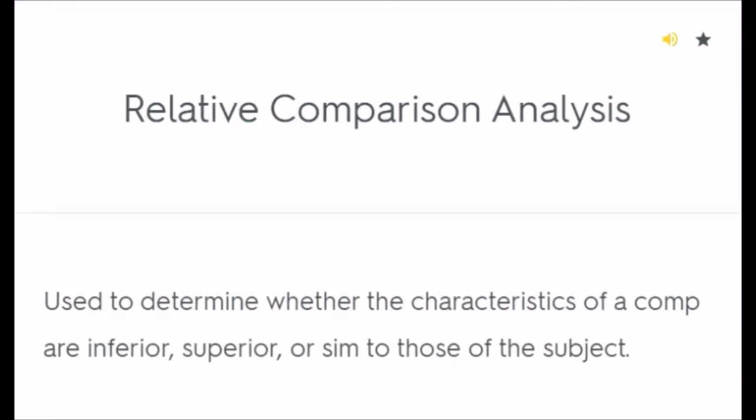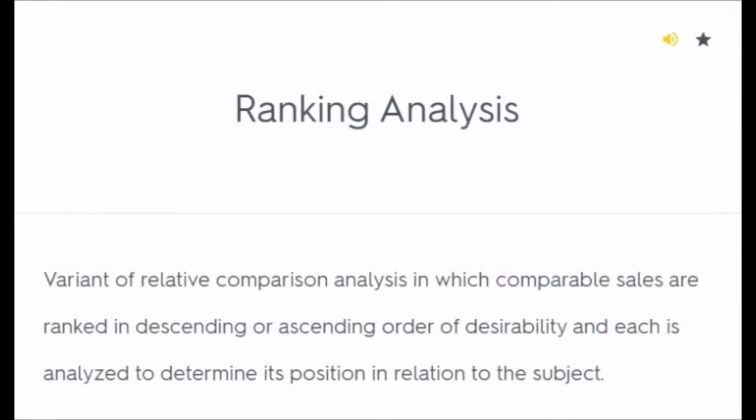Relative comparison analysis: used to determine whether the characteristics of a comp are inferior, superior, or similar to those of the subject. Ranking analysis: a variant of relative comparison analysis in which comparable sales are ranked in descending or ascending order of desirability and each is analyzed to determine its position in relation to the subject.